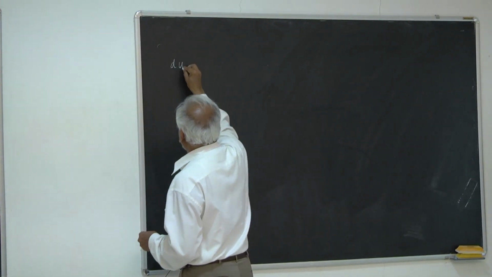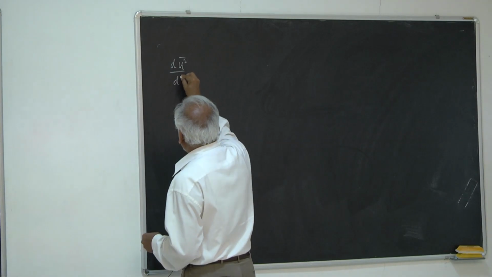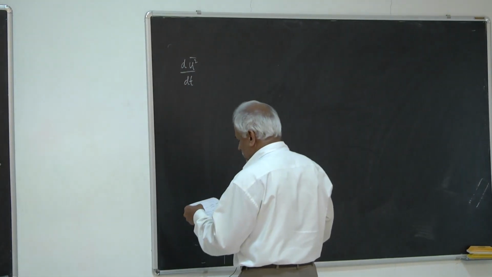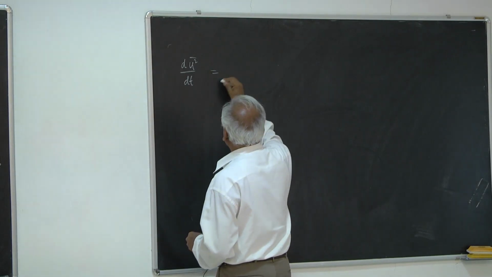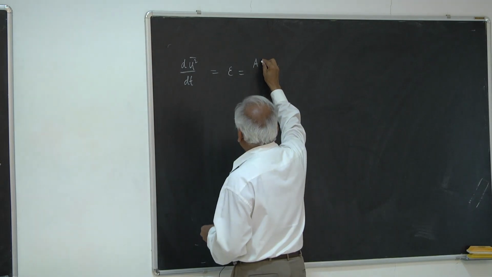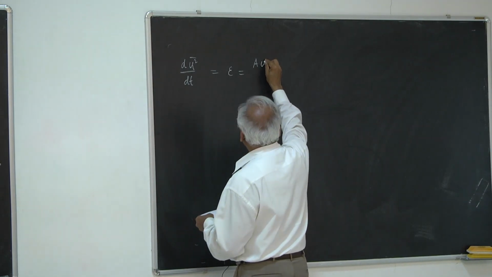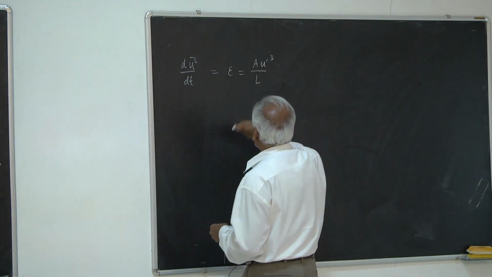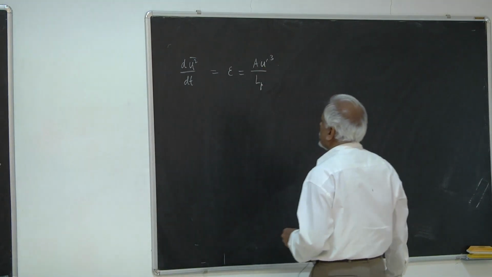So I have here du squared over dt with 3 halves and all forgotten, but it doesn't matter actually, is dissipation, which is u prime cube over L p, let's say.